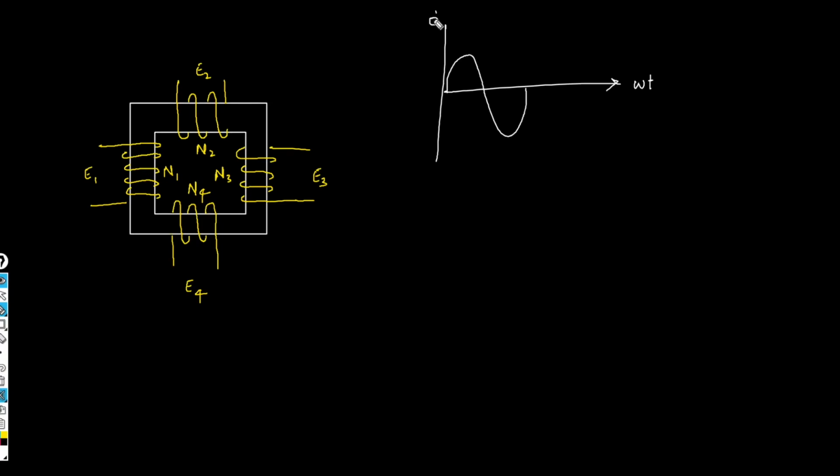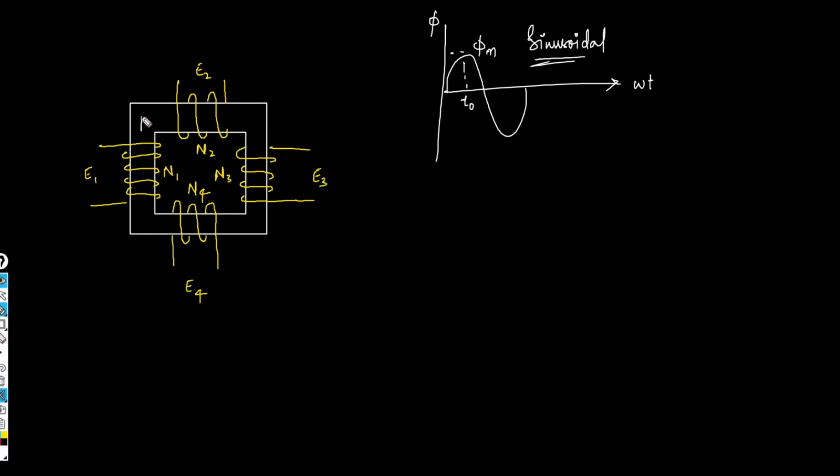This is flux phi, and at one particular instant called T naught, its value is phi m, that is the maximum value, and it has been varying sinusoidally for a reference sake or for an example purpose.